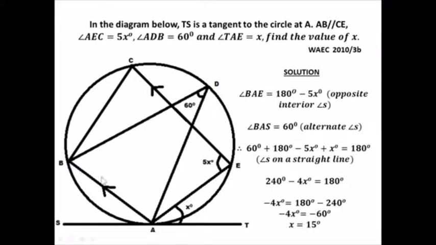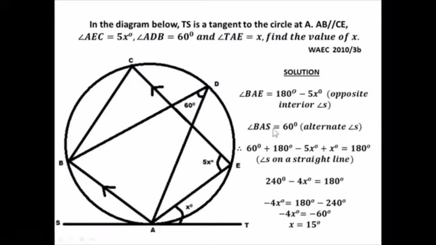If you look at this chord AB now, there's going to be a relationship between this angle here, this angle SAB, this small angle that is here, and the angle 60 that is here. Because if you look at this chord very well, this line is joined to it at D here, and this line is also joined to it at D here. So that means this angle 60 here is going to be equal to this angle here.